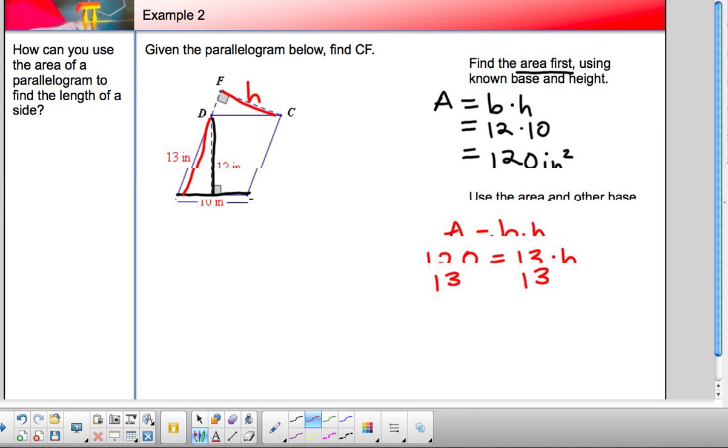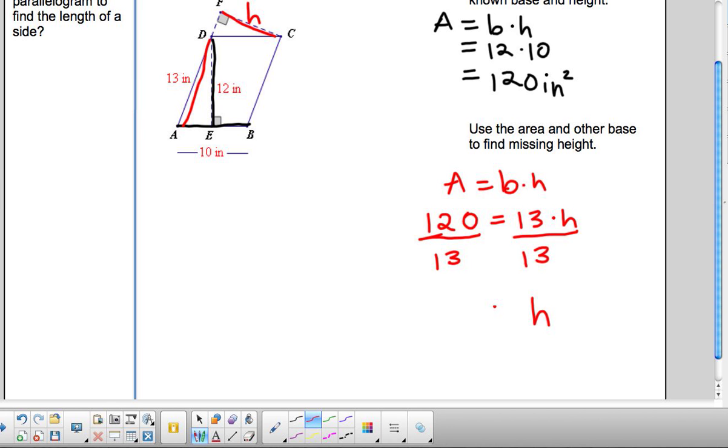Doing a little computation here, I don't know that one off the top of my head. Let's see, 120 divided by 13 is going to be, let me get out my calculator, about 9.2 inches. And this is a height, so it isn't square inches, it's just 9.2 inches.